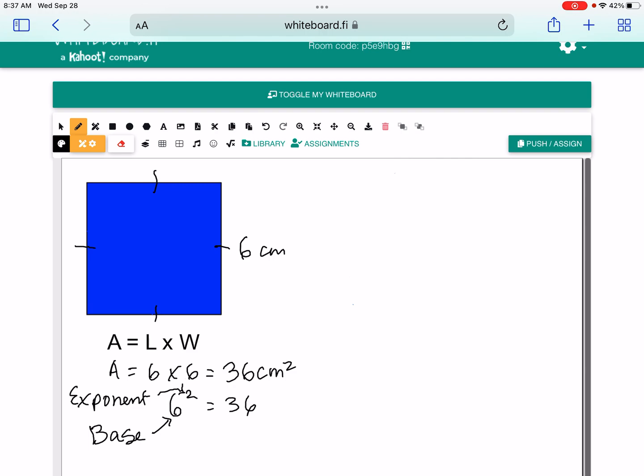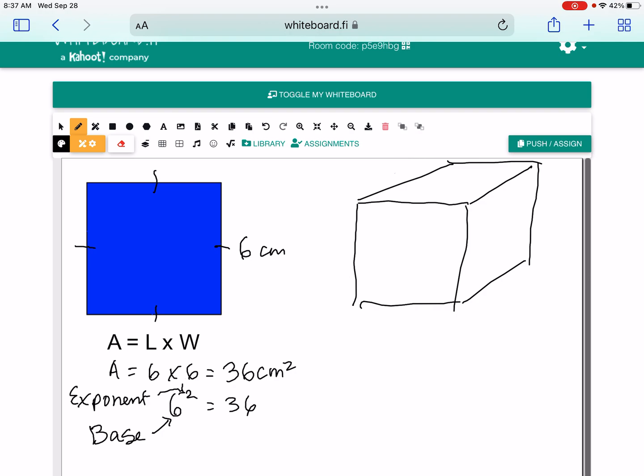Then we moved on to talking about cubes, and cubes are related. I'm going to go ahead and draw a cube here. Not as good as if I had a little tool to make a cube, but let's say that this is a cube, and the definition here would be that all the edge lengths are equal, for the entire figure.